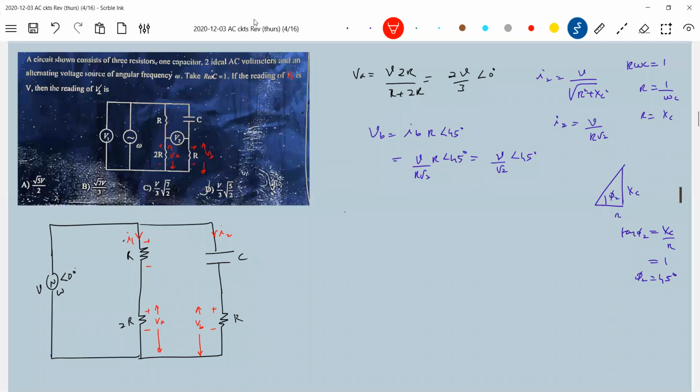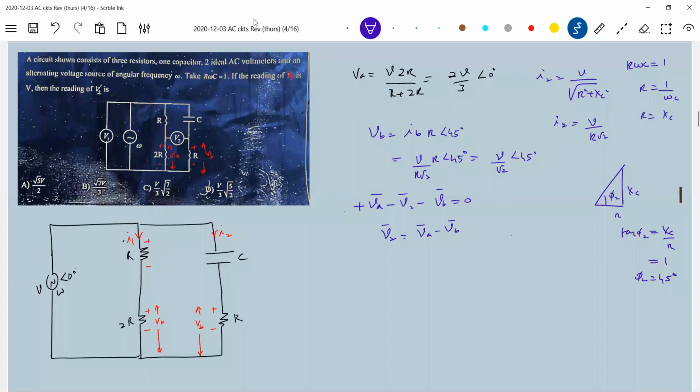You write loop equation: plus VA minus V2 minus VB equals 0, or V2 equal to VA bar minus VB bar.